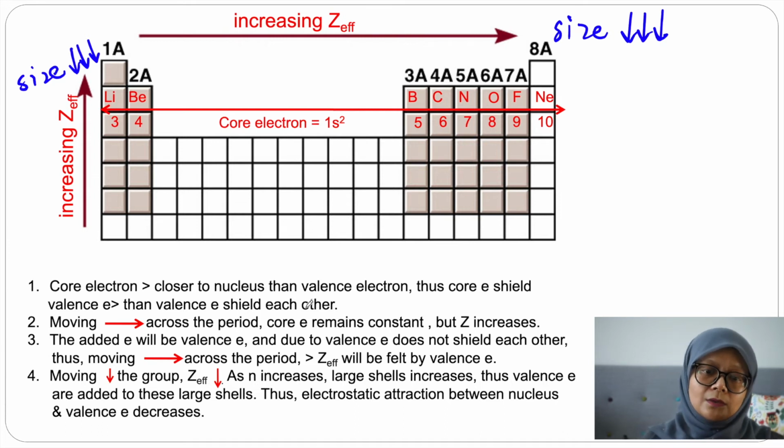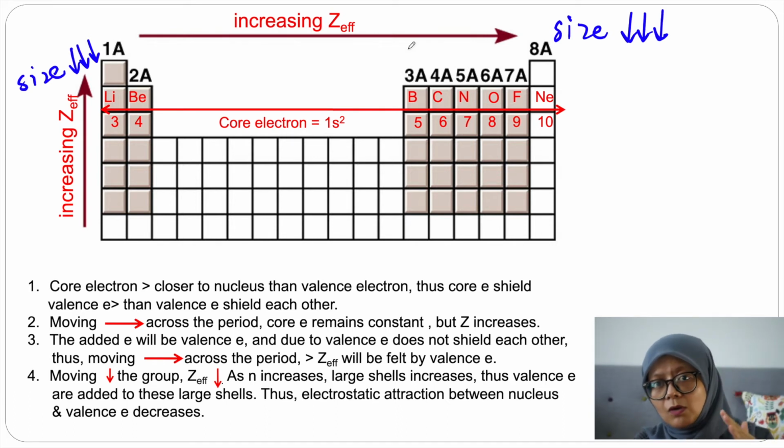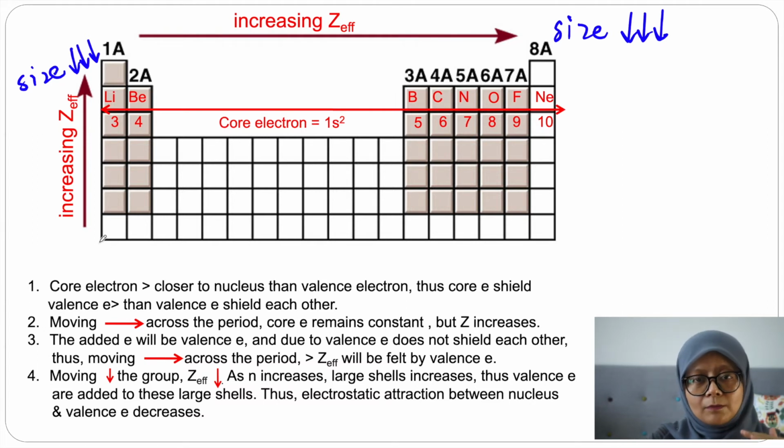As you go across the periodic table, we have an increasing number of electrons, and what happened here is that the core electrons become closer to the nucleus than the valence electrons. So the core electrons actually shield the valence electrons, and the valence electrons shield each other. This is what happens when we go across the period, or from bottom to top of the group.